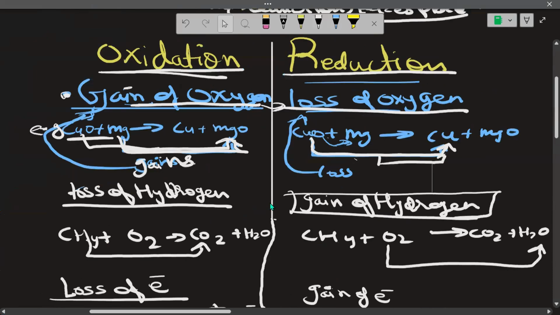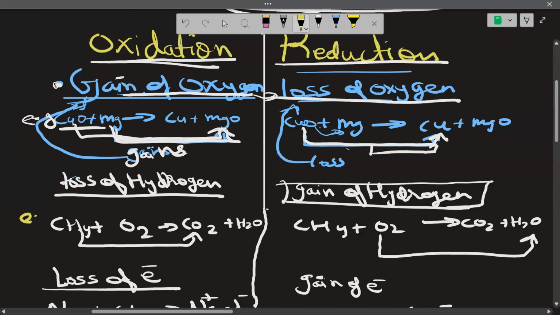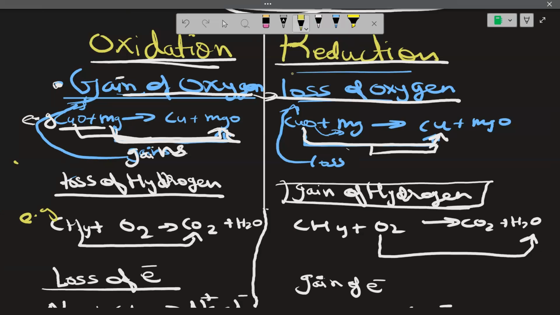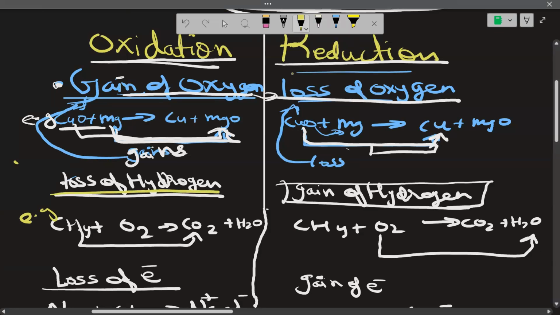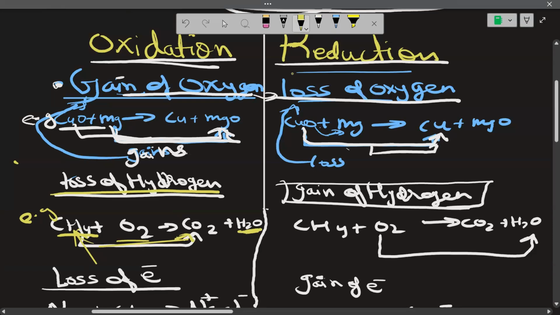Now let's come to the second point, which is loss of hydrogen. Loss of hydrogen is basically oxidation. The example given here is CH4 plus O2, and in this, carbon loses hydrogen and it goes to the oxygen.